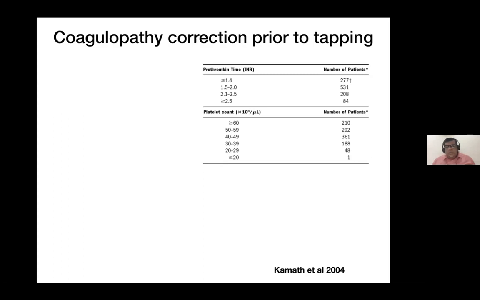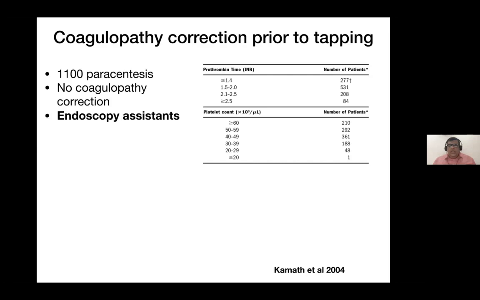None of them received any coagulopathy correction. Now, the most interesting part was out of these 1,100 paracentesis which were done, where no coagulopathy correction was done, the tapping was done by well-trained endoscopy assistants. Although they were being supervised by doctors, they were done independently by endoscopy assistants. 612 paracentesis were done with the platelet count below 50,000, and there were no procedure-related complications that required hospitalization.